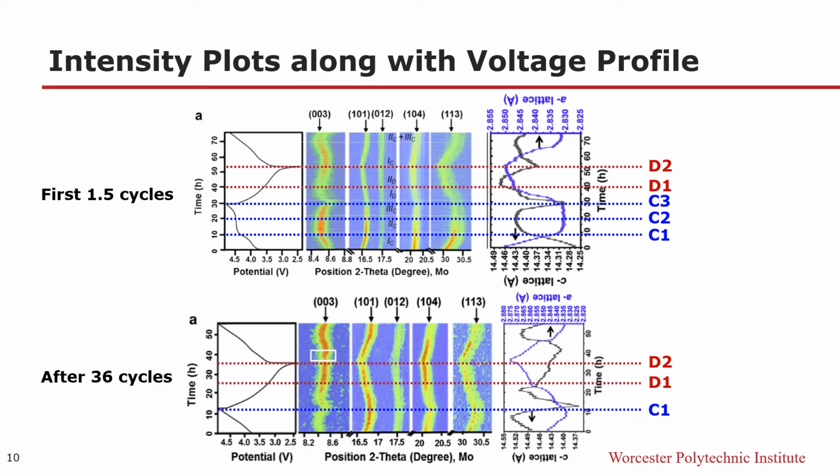You can see voltage profiles over time, intensity plots, and a, b, and c lattice parameters. In the first charging stage C1, for the first 1.5 cycles, the c parameter increases as evidenced by the displacement of the 003 peak.